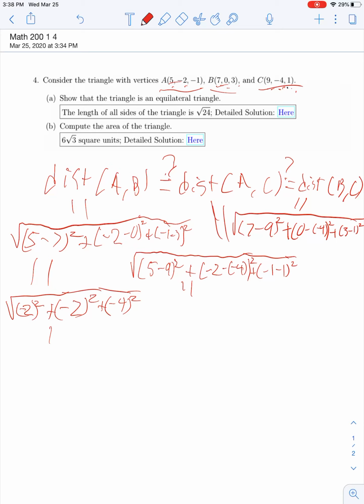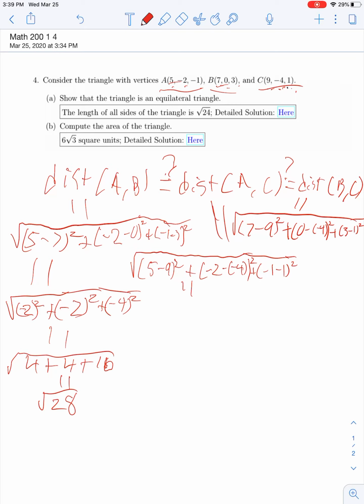And this guy right here, let's just finish this off, so that's going to be equal to the square root of 4 plus 4 plus 16, which is equal to root 28.